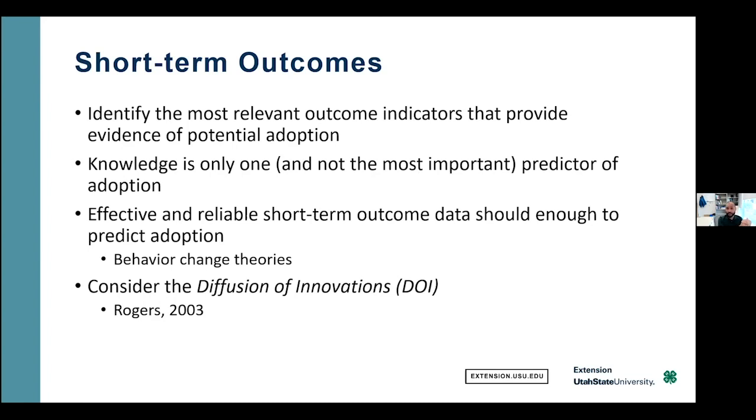Behavior change theories, there's a lot of them out there that can help you craft those short-term outcomes. The most common is the theory of planned behavior, there's a lot of learning theories, adult learning, all those different things. One of the theories that are most popular in agricultural extension is the diffusion of innovations. So I will just go over this briefly and show how it connects to medium-term and long-term outcomes.